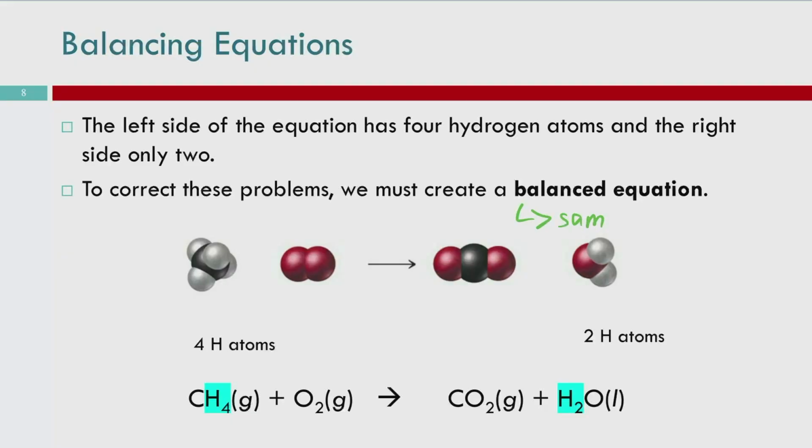A balanced equation has the same number of an element, let's say, for each of them on both sides. Matter is conserved in a balanced chemical equation.